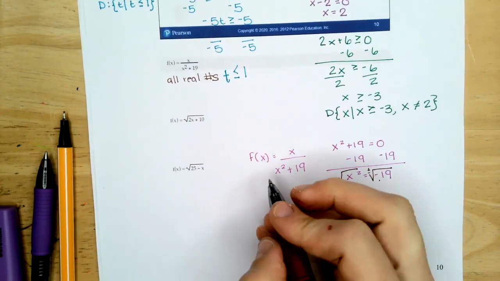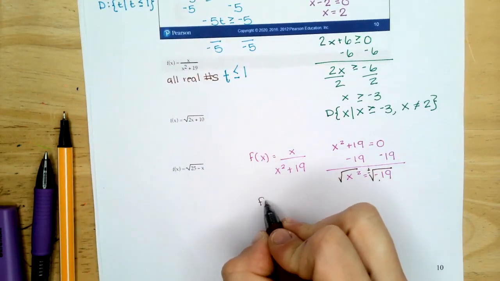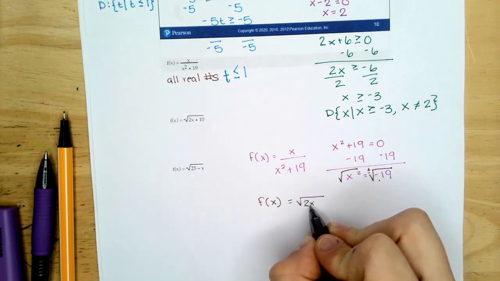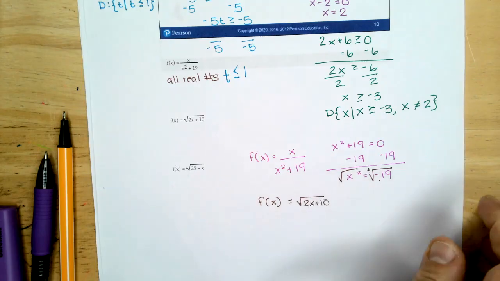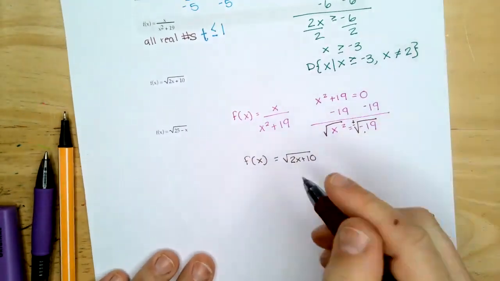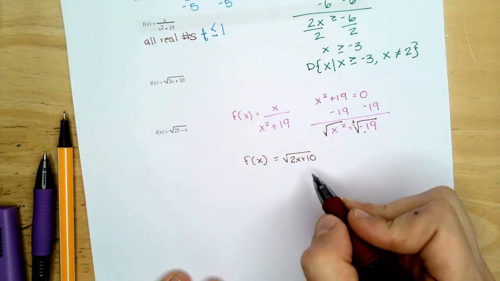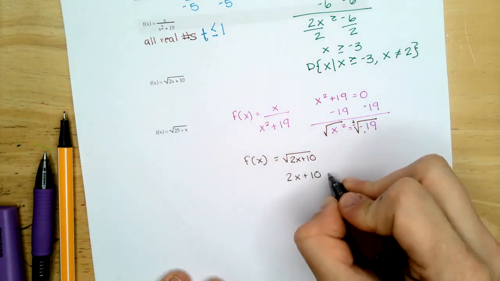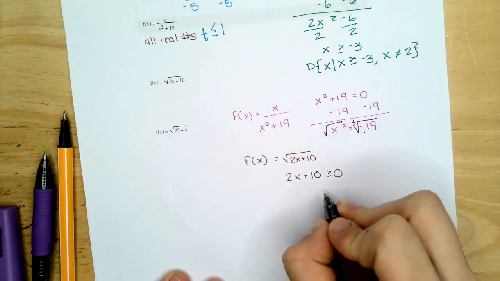Here we have f of x is equal to the square root of 2x plus 10, right? We don't want that to be a negative number, so we're going to say 2x plus 10 is greater than or equal to 0 is the rule.